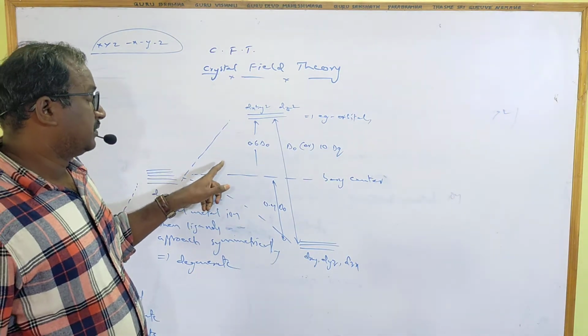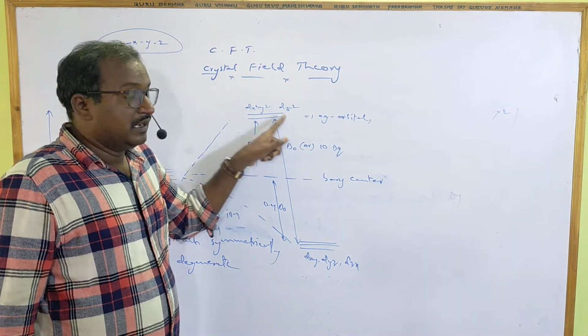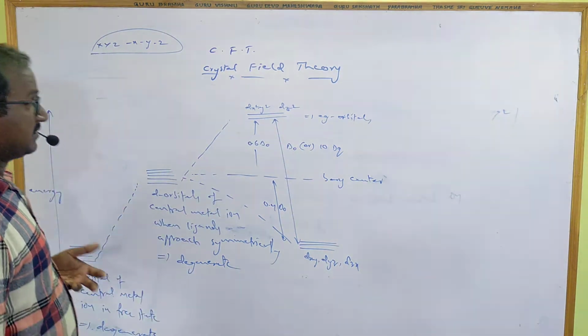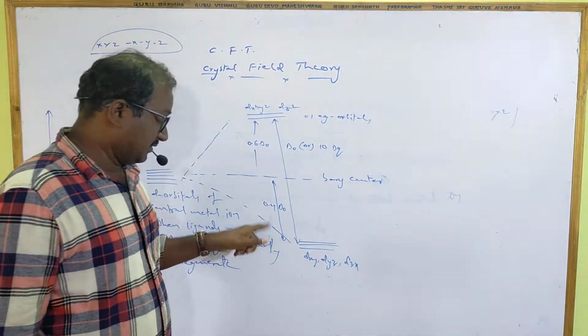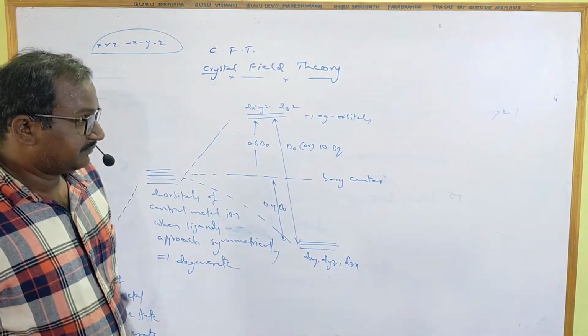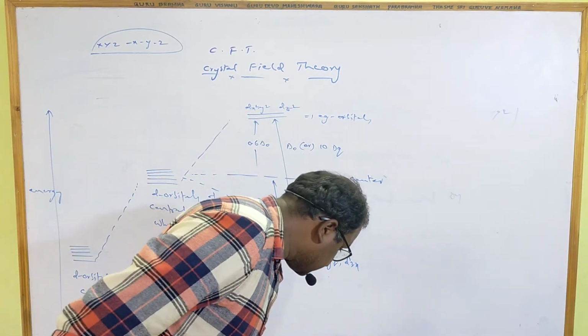The first group, the orbitals along the axes, are affected more and possess more energy, equal to 0.6 delta O, and the remaining orbitals' energy decreases by 0.4 delta O from the barycenter. Like this d orbital splitting takes place.